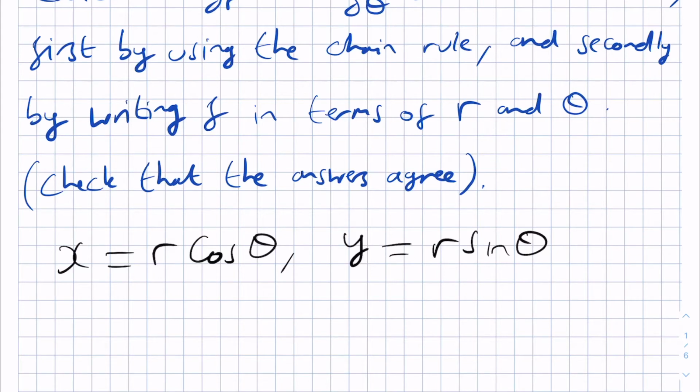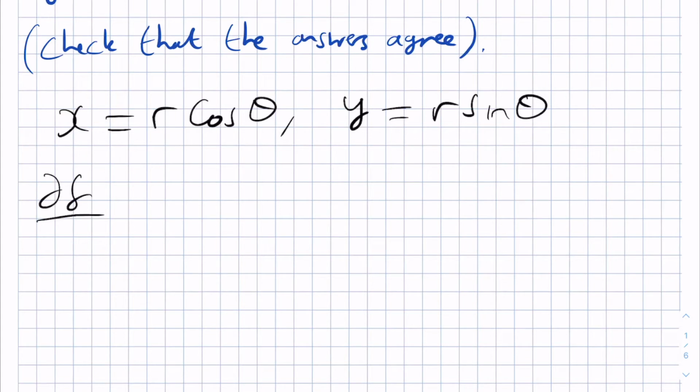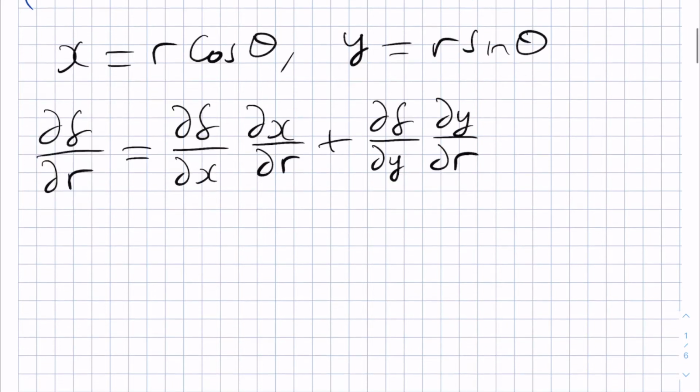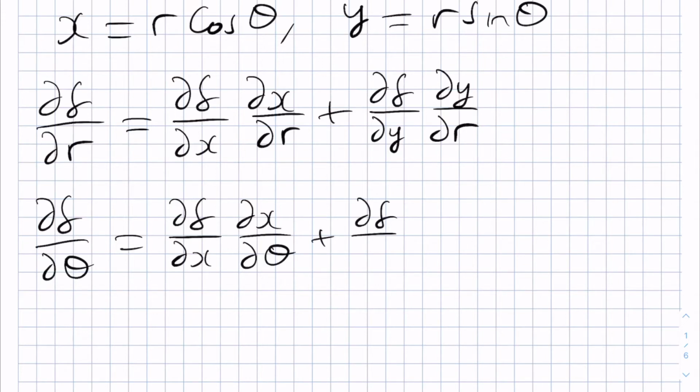Then let's write down the chain rules for differentiating f with respect to r and θ. For ∂f/∂r, we can get this by doing ∂f/∂x, and then we have ∂x/∂r, and the same for y. Similarly, ∂f/∂θ is the exact same, but replacing r by θ.